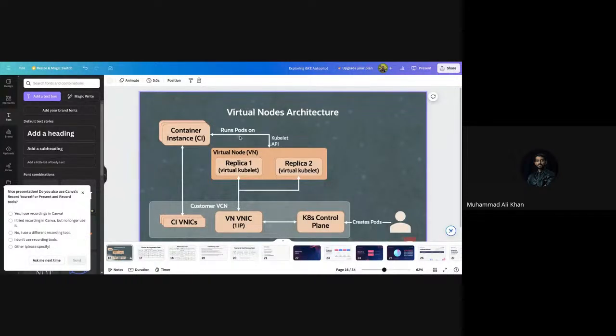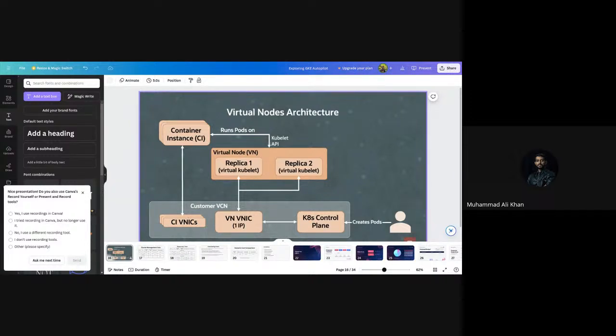For example, if we are using the virtual kubelet architecture of OKE virtual nodes, whenever we create a pod, the request is sent to the virtual node, and then the kubelet API asks the container instance CI, which is the backend for virtual nodes in OKE, to deploy our pods.